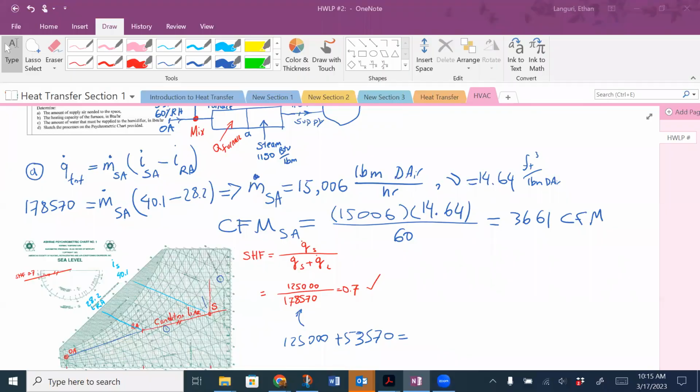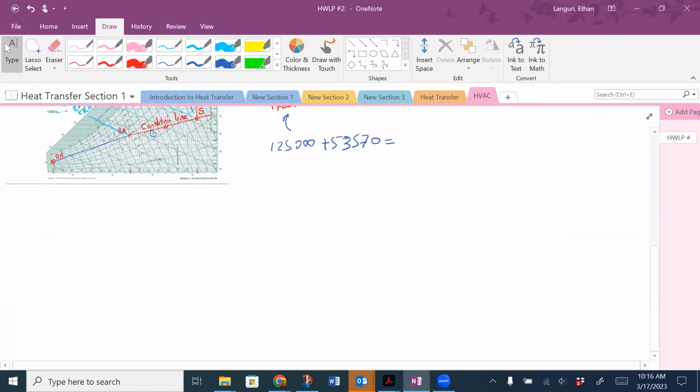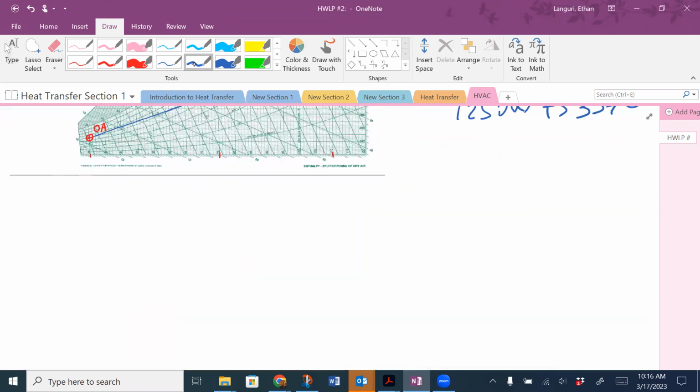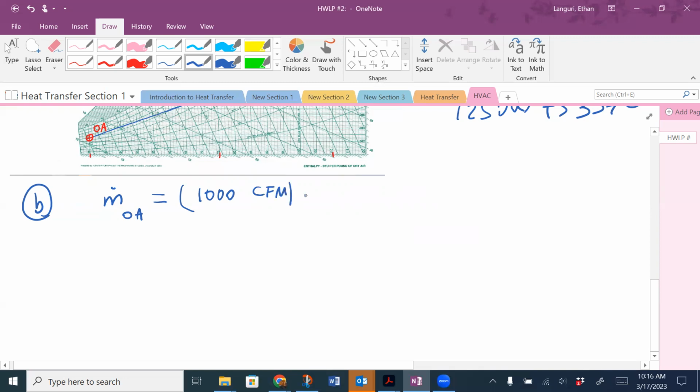To find the heating capacity of the furnace for part B, let's first find out the mass flow rate of the outside air. So let's go ahead and solve part B. In order to find the m dot of outdoor air, I know that I have 1,000 CFM, cubic foot per minute.